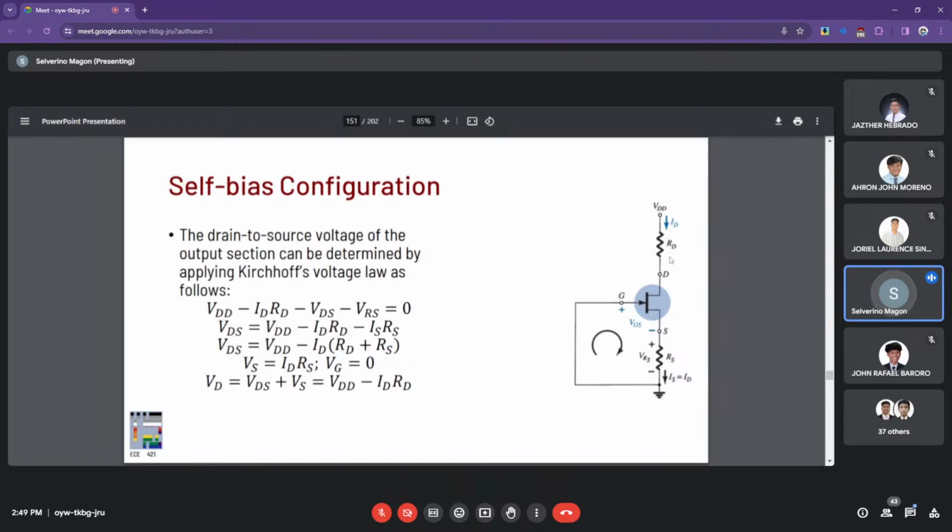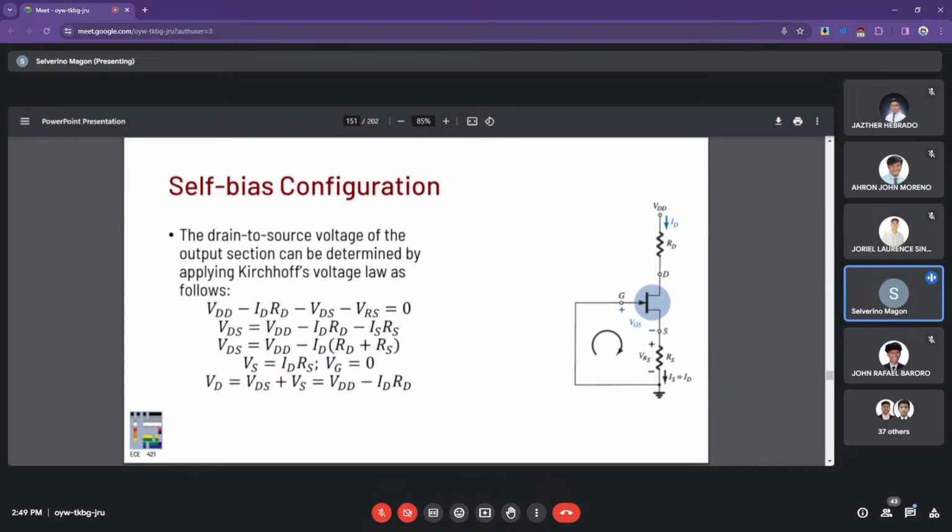Now for the output loop, that is to say the drain source voltage, we perform KVL similarly at this point: VDD minus ID RD minus VDS minus VRS. Now rearranging the equations, we have the following.